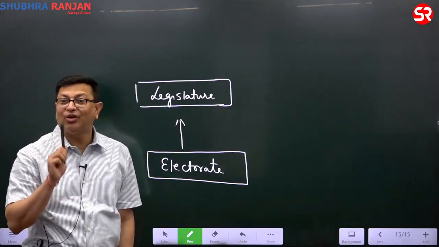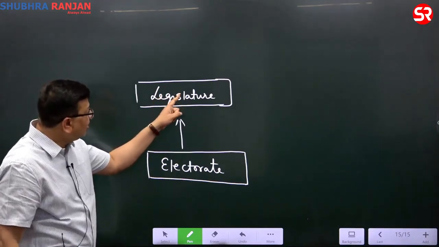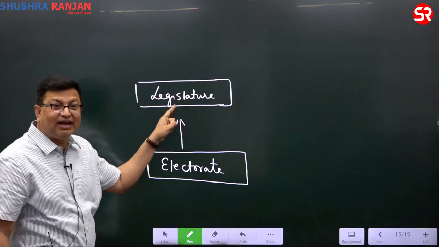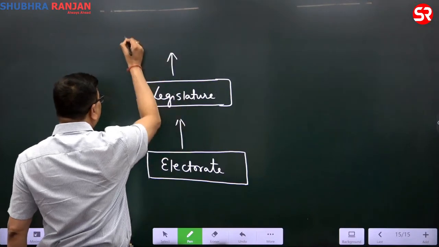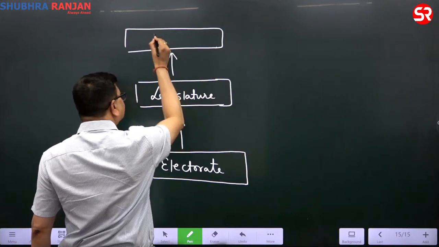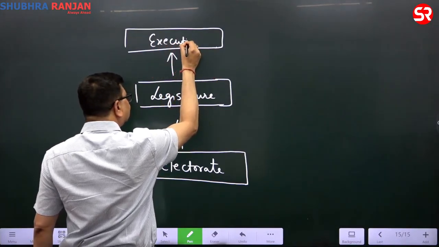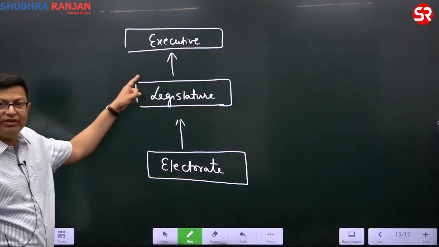So the electorate elects the legislature, and the political party which gets the majority in the lower house, that is the popular house, as in the elections now going on for the Lok Sabha, the members of that political party which gets the majority here become the members of the executive.